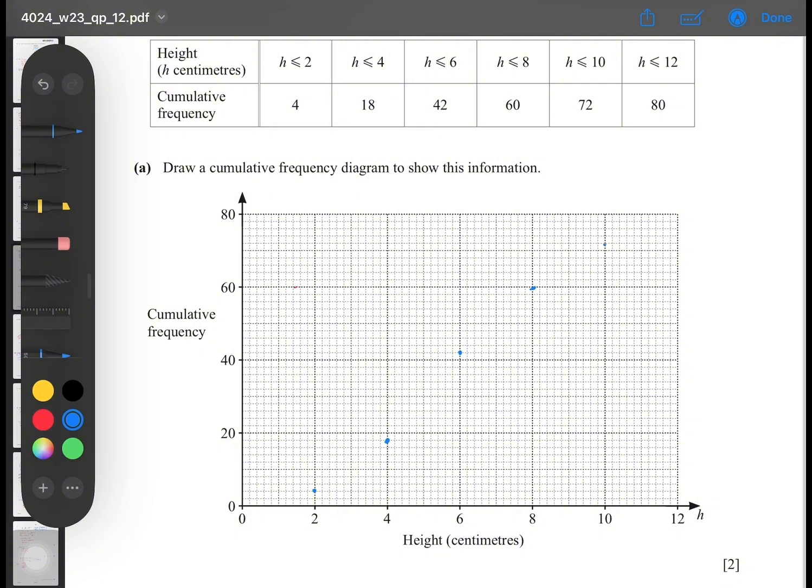So for 12, the frequency is 80. So the last point will come here. So I'm going to join the points. So this is the shape of the curve.